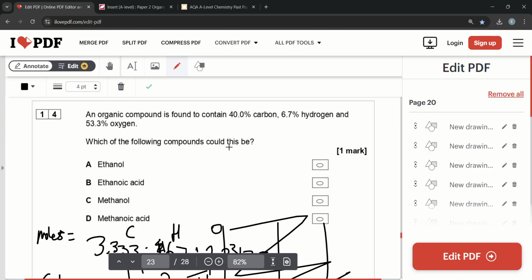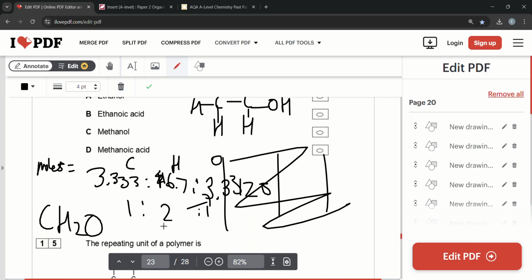Ethanol, let's draw that out. Well, actually, it can't be ethanol. Or can it? Ethanol, let's draw it out. Methane, ethane has an alcohol group. C2H, 1, 2, 3, 4, 5, 6, C2H6O.